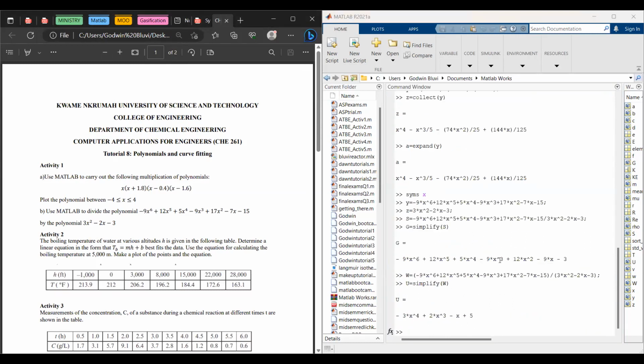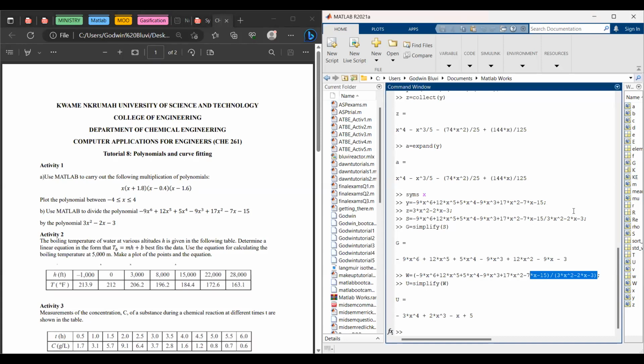I thought if you execute it, it was going to simplify it straight away. But then, when you entered the expression. Which one? This over that. The first time I did the S? Yes. From the W, I thought it was going to simplify it if you just press enter.